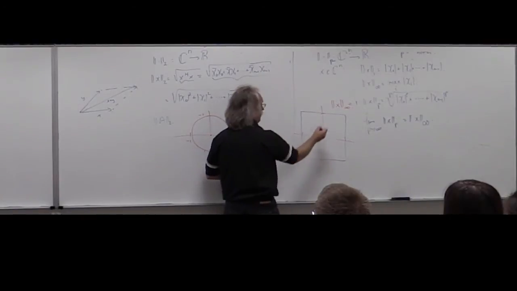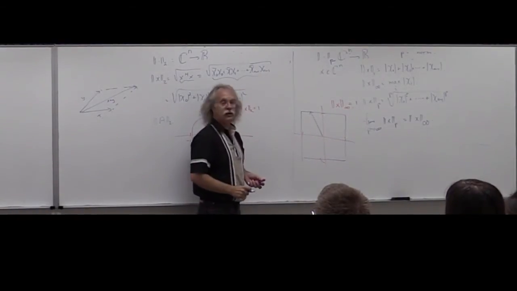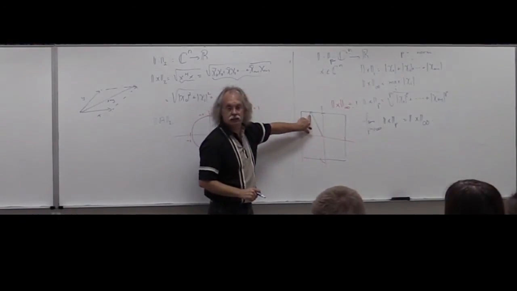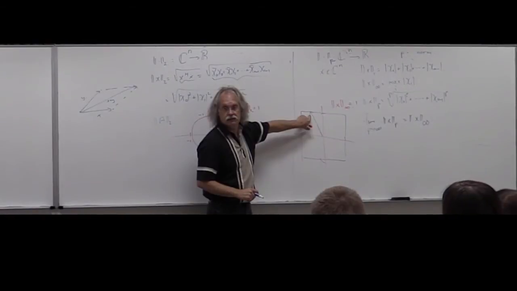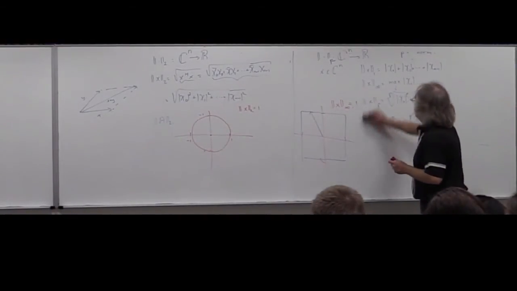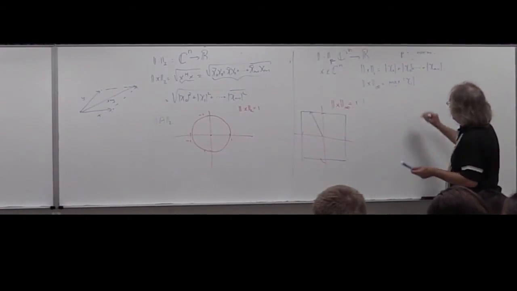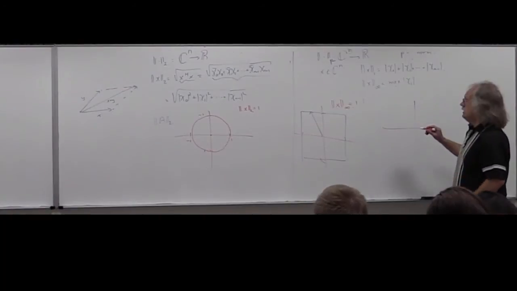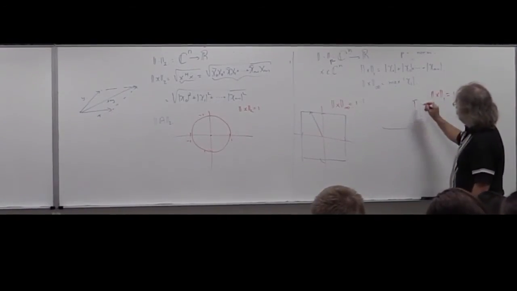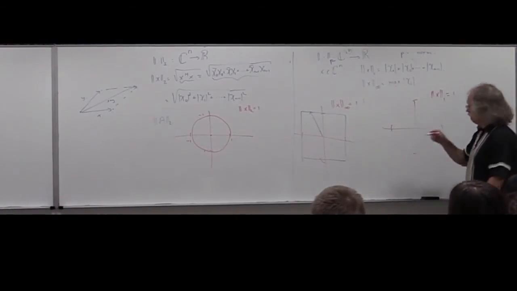Any vector that you point to on the square will have a largest entry equal to 1. Okay? If you ask the question, the 1 norm equal to 1, then you get the diamond, right?